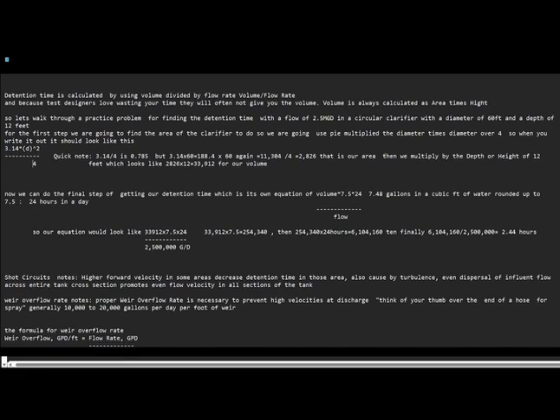And then we multiply by the depth, or height, of 12 feet, which looks like 2,826 times 12. That'll give us 33,912 for our volume in cubic feet.